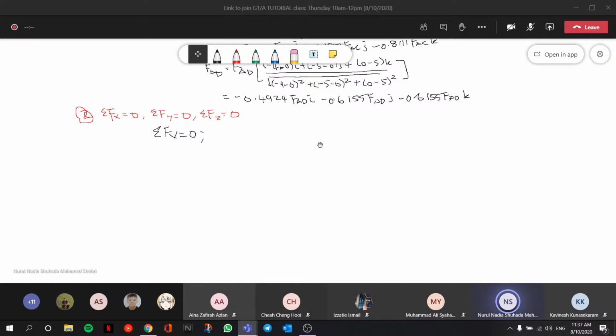So you guys just need to add force AB, AC and AD, the ones with the i vector that indicates x direction.